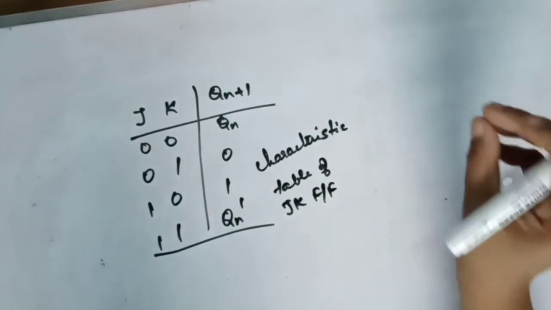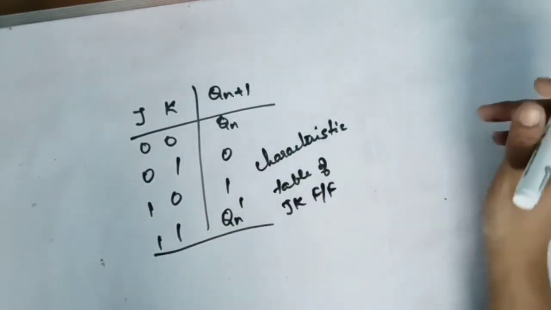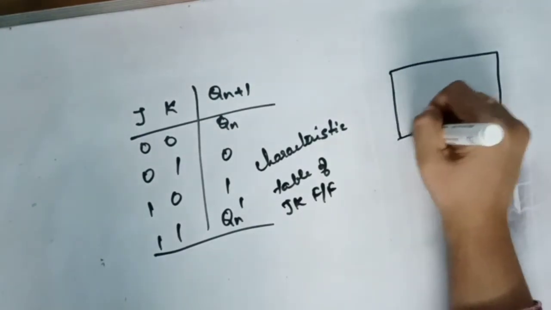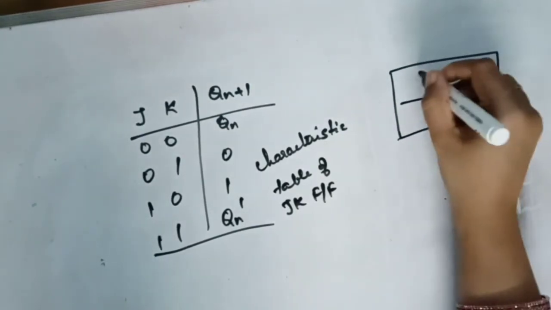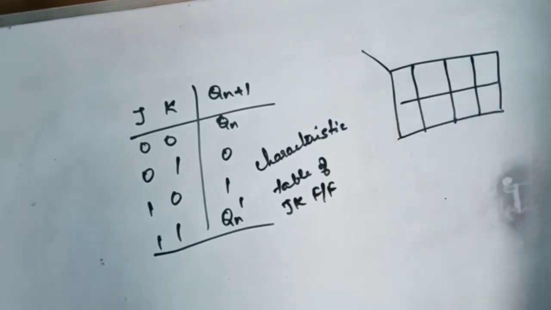So next we need the characteristic equation, that is, the equation for Qn plus 1 of the JK flip-flop. For that, like in the case of the SR flip-flop, we will draw the truth table from the earlier case.